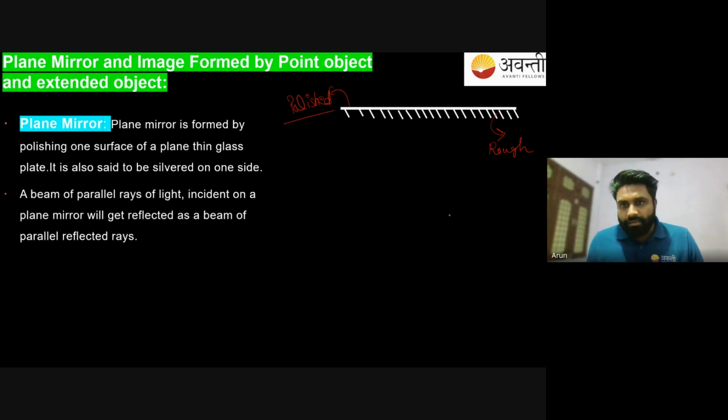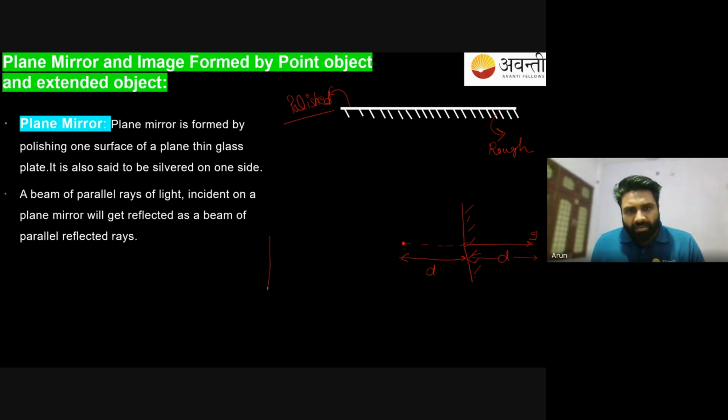Now, a few things that I have to mention here. If this is the plane mirror and this is a point object, and the distance of this from the plane mirror is d, then the image will also be formed at the same distance, that is d, and this is a virtual image. That is it.